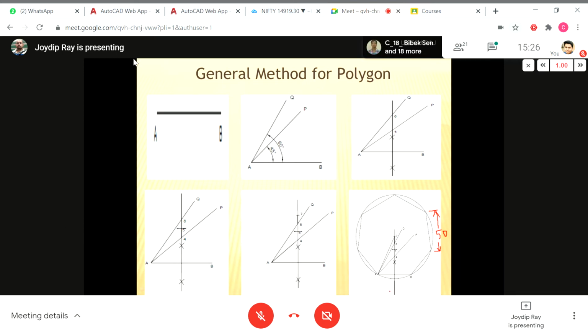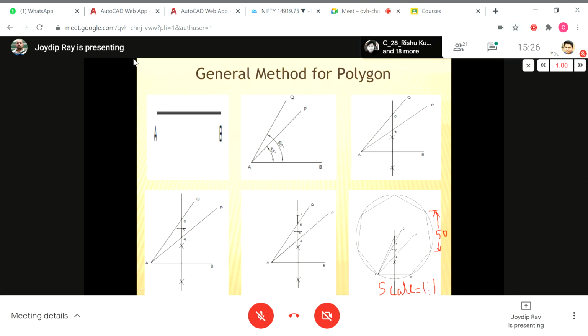Now, what is the scale? That means we are not enlarging and not reducing the size of the object itself. So here you have to write scale equal to 1:1.